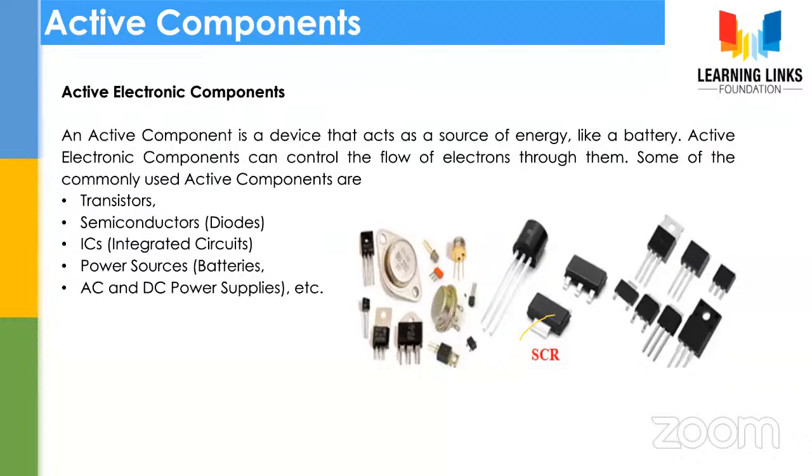We attach something via this component, and they provide the energy, like a battery. An active electronic component can control the flow of electrons through them. Some of the commonly used active components are transistors, semiconductors, ICs, and power sources like batteries, AC and DC power supply, etc.